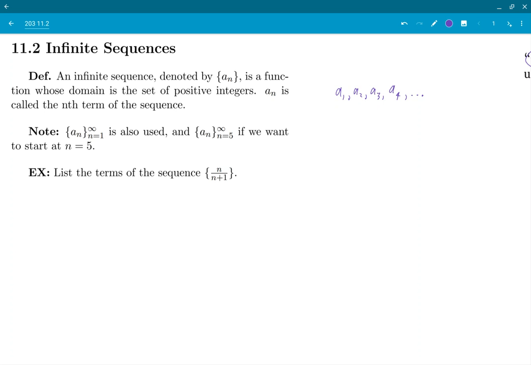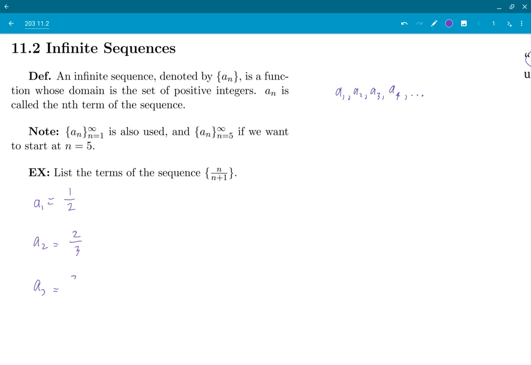Okay, so for the example here, you start with A1, the first positive integer, and you're just plugging 1 into this expression here. So you get 1 over 2. And A2 would be 2 over 3. A4 would be 3. Oops, why did I skip 3? That's odd.